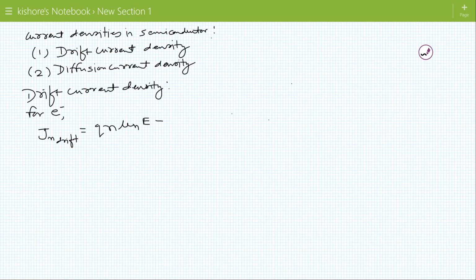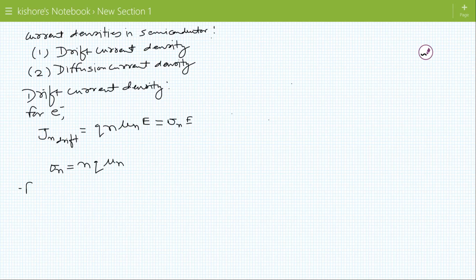So this is sigma n into E, where sigma n is the conductivity of n-type semiconductor, that is n q mu n.